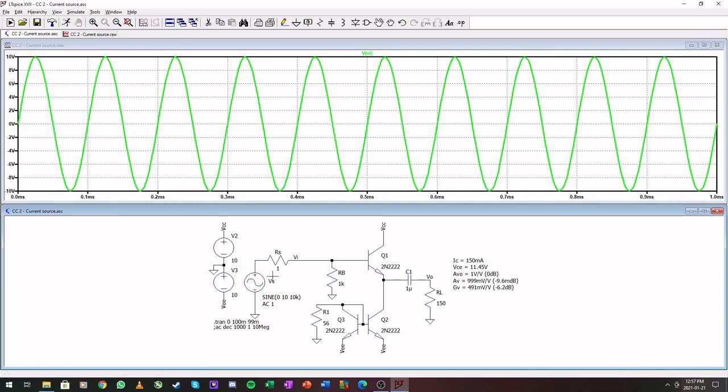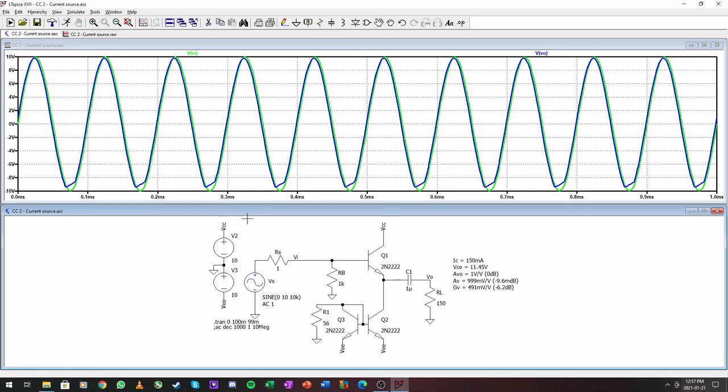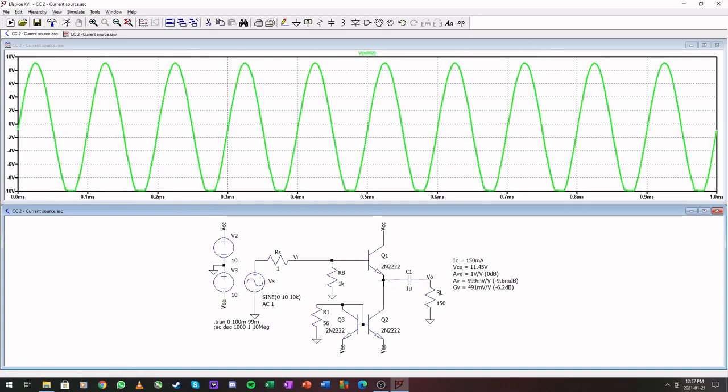Any case, so we have a 10 volt peak to peak input, and if you look at the load, it's following it perfectly on the top, but here at the bottom this last 1.5 volts, and that's what it's moved down over the current source, is where our issue lies.